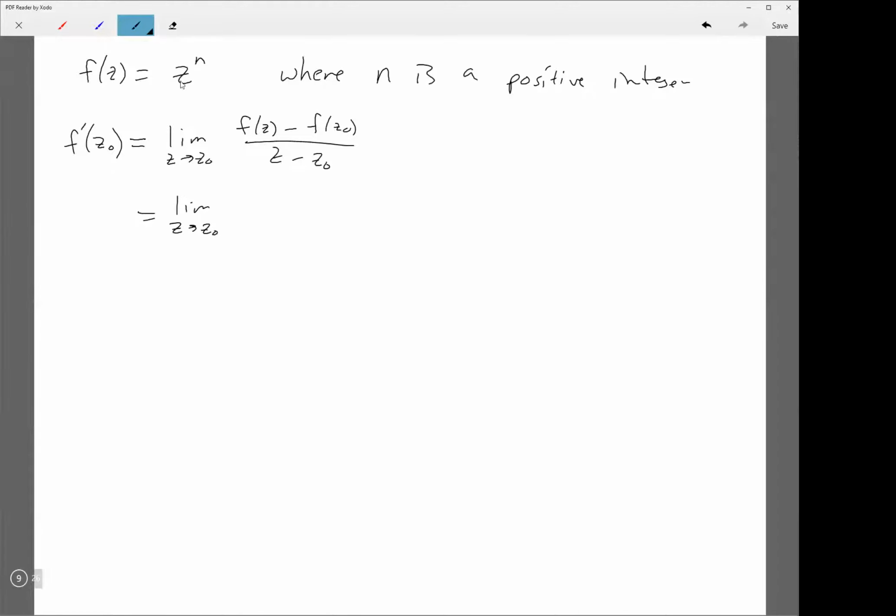And then we plug in the function here, which is z to the n. And then f of z naught is going to be z naught to the n. And then down here we have z minus z naught. Up here, we're going to have z to the n minus z naught to the n.